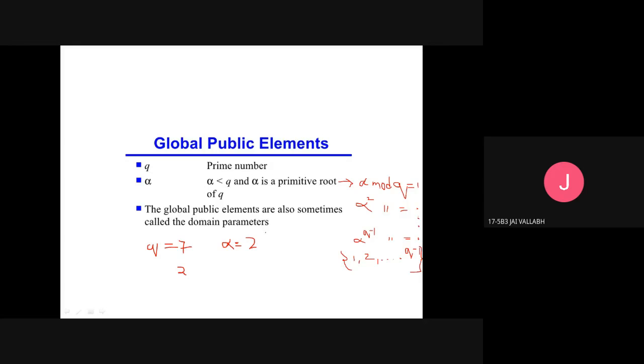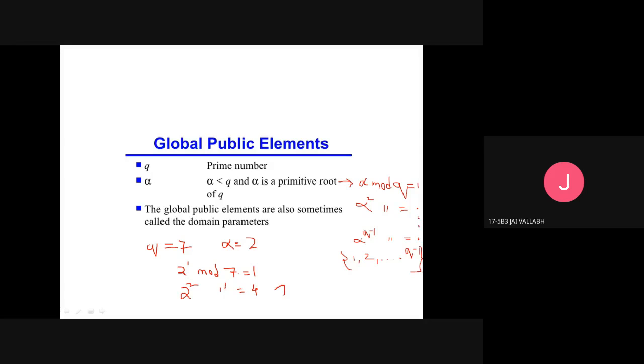Now for 2 to be a primitive root of 7, we should follow this procedure: 2 power 1 mod 7, its value is 1. Next we'll have 2 square mod 7, its value is 4.